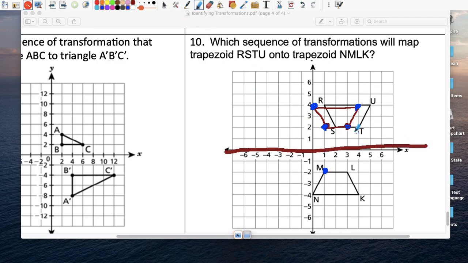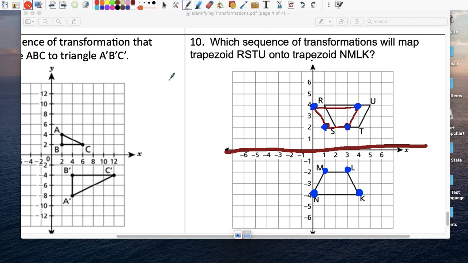It's 2 units away. This point matches this one, which is 2 units away from the line of reflection. This one is 4 units. Point R is 4 units away from the line of reflection. Point N is also 4 units away. And this point right here, it doesn't have a name, is also 4 units away.